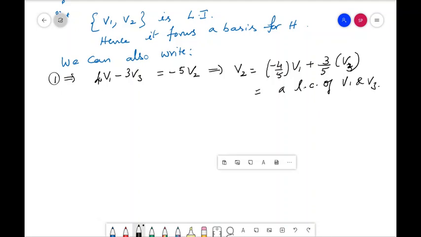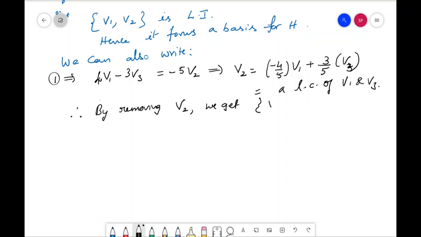Therefore, what do we have here? By removing v2, whereas earlier we removed v3, we get the set v1, v3. And what about this set v1, v3 such that H will still be spanned by v1, v3?